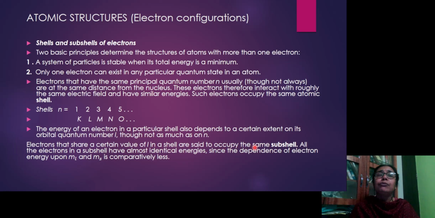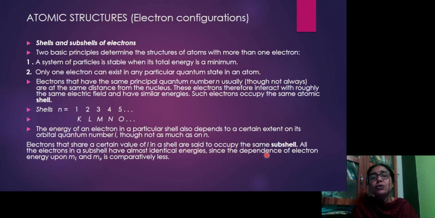For example, if electrons are in L equal to 1, then they are said to be in the P subshell. Or if they are in L equal to 2, that means they are in the D subshell, and so on. All the electrons in a subshell have almost identical energies.